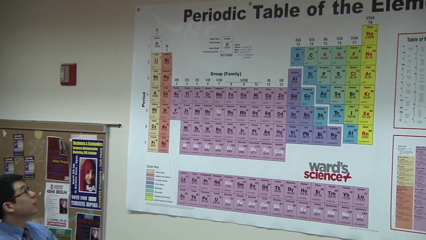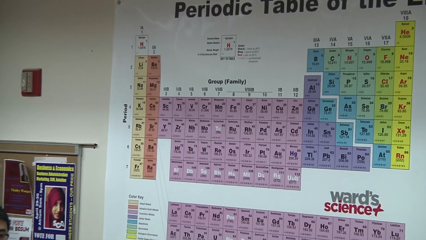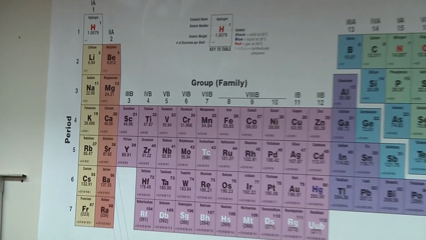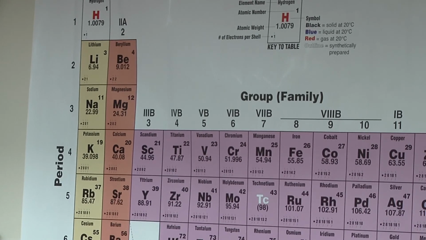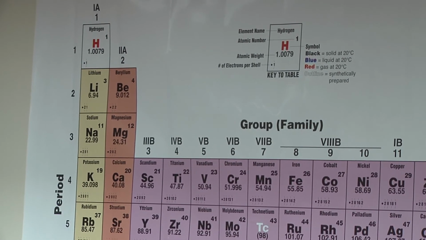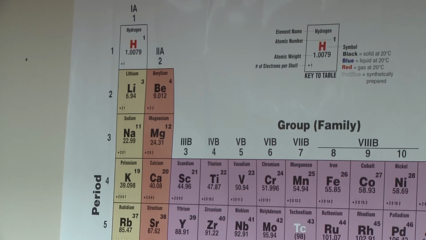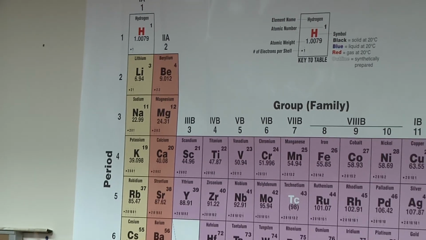Let's think about it this way. If we look at lithium, how many valence electrons does it have? 1. It has 3 electrons, but 2 of them are core electrons, n equals 1, and 1 is a valence electron, the 2s electron. So lithium has 1 valence electron.